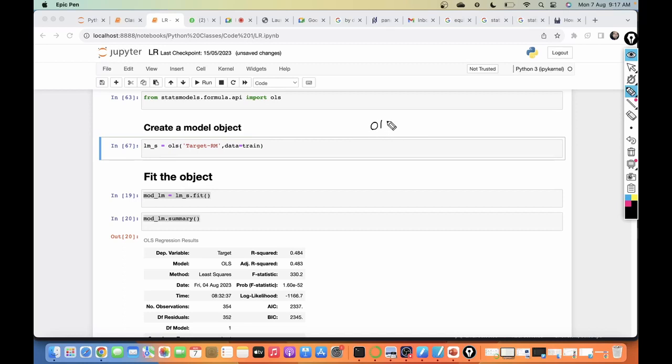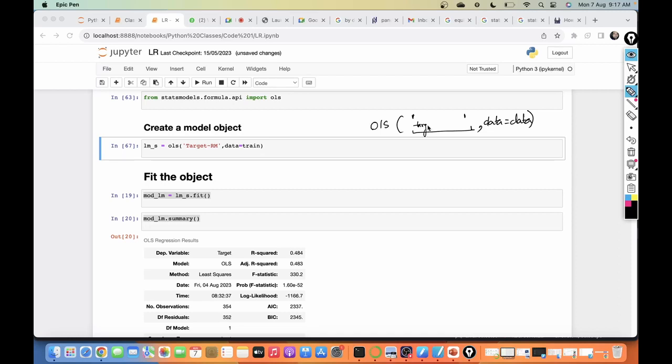OLS in the bracket, you need to provide the data from where you are taking the data. And the first argument, in quotation, you need to provide first the target value.